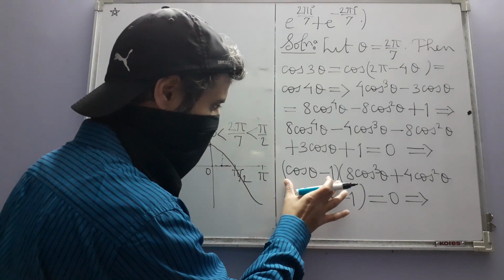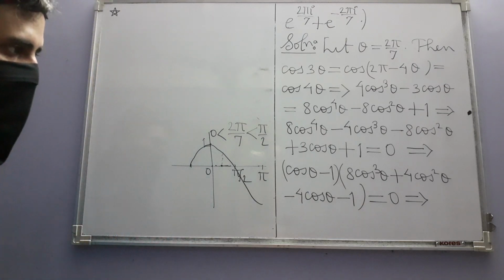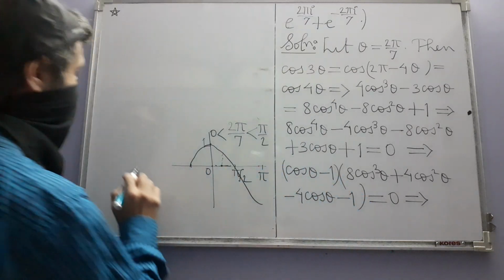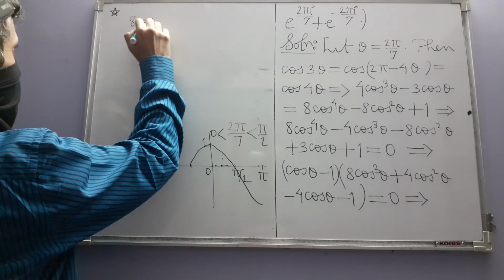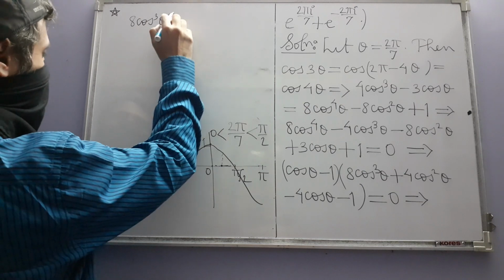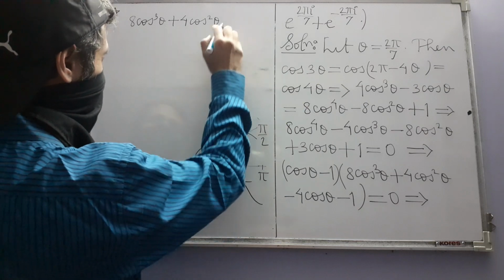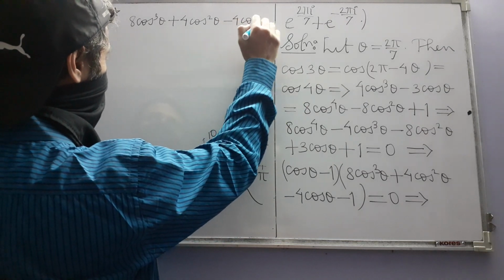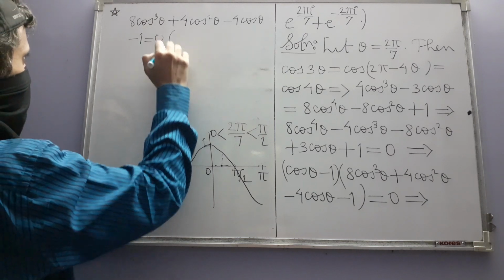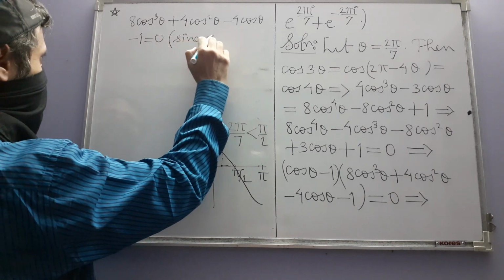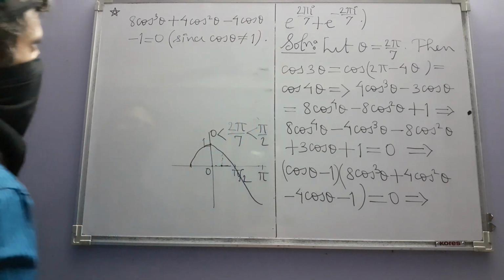So that means this factor is non-zero. So the other one must be 0. So this implies, let me write here, 8 cos cube theta plus 4 cos square theta minus 4 cos theta minus 1 is equal to 0, since cos theta is not equal to 1.